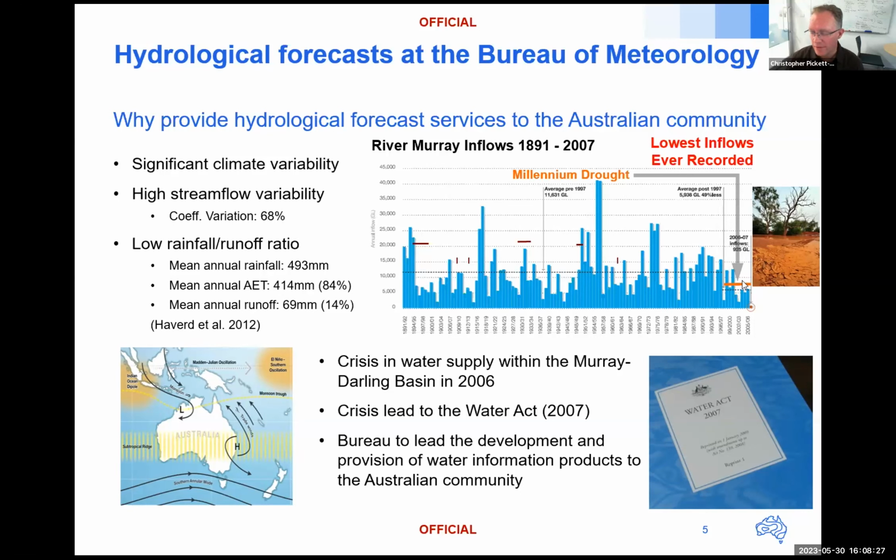It's a relatively low mean annual rainfall across the country, but it's pretty extraordinary the degree to which a lot of that rainfall is lost to evaporation, meaning that a relatively small percentage of that water that falls on the continent every year turns into runoff, and that runoff leads into water in our rivers and dams, and that's how we are able to make use of that water resource, but it is very limited.